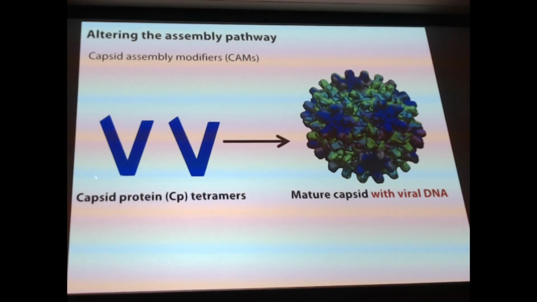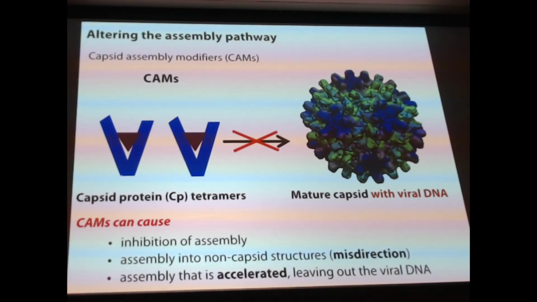So if this is just a couple tetramers that would normally assemble into a capsid, if you have these capsid assembly modifiers come in and bind, they can alter this pathway in various ways. They could inhibit assembly completely. They could misdirect it into non-capsid-like structures, or an interesting way they can modify this is to accelerate the assembly process, and the reason that's beneficial is that then the capsid forms before the viral DNA is present.